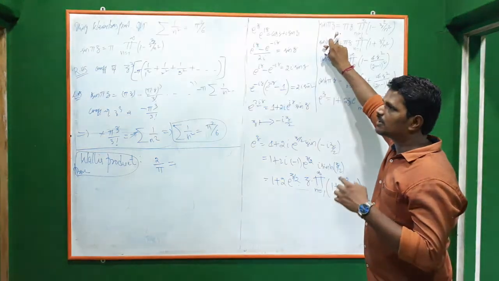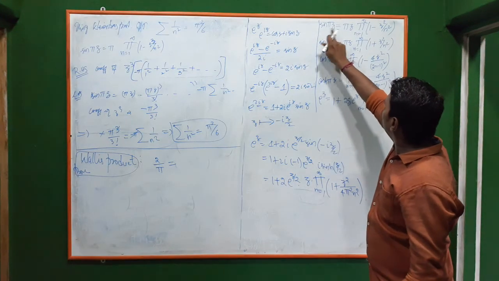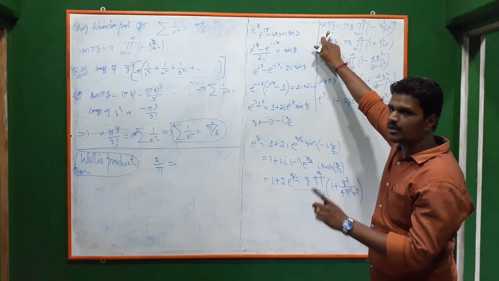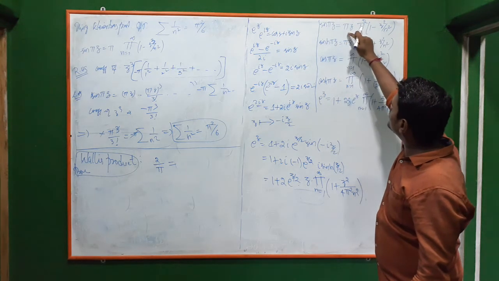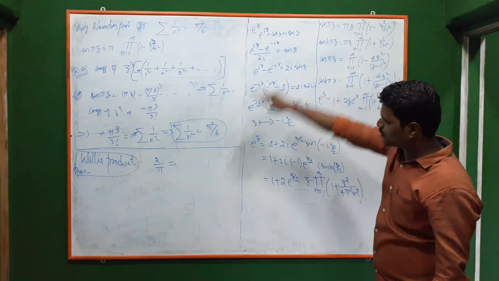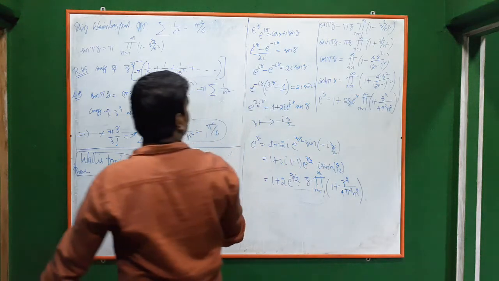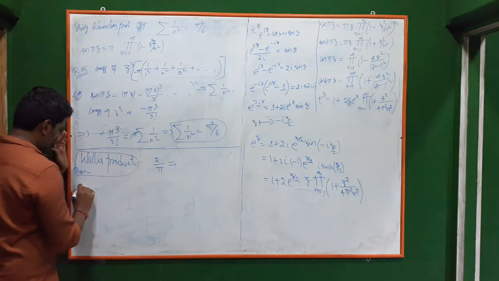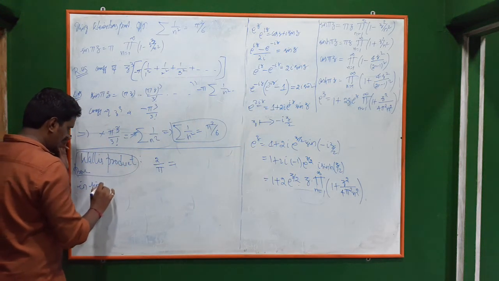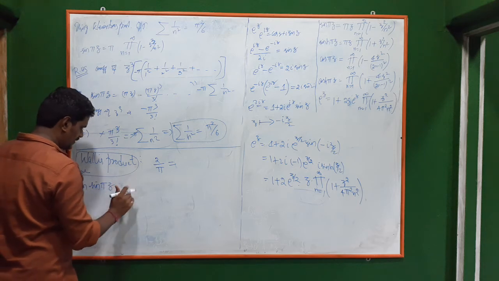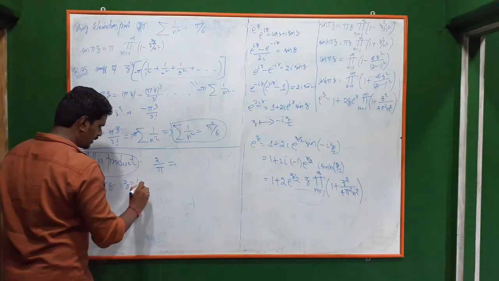If you put z equal to 1 by 2, this will be sin pi by 2, and sin pi by 2 is 1. And here also 1 by 2 will be there, that 2 will come here. So 2 by pi we will get there. So in sin pi z, put z equal to 1 by 2.